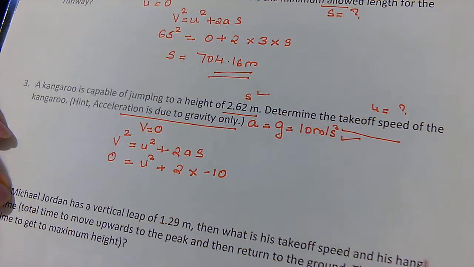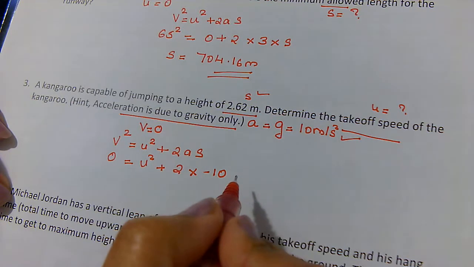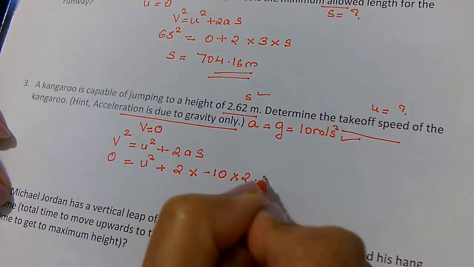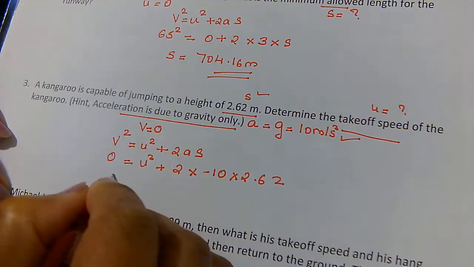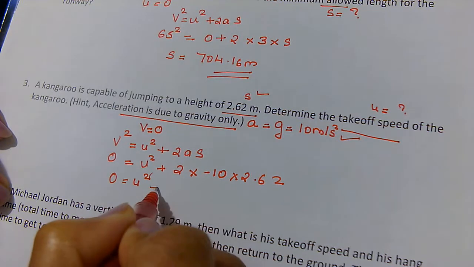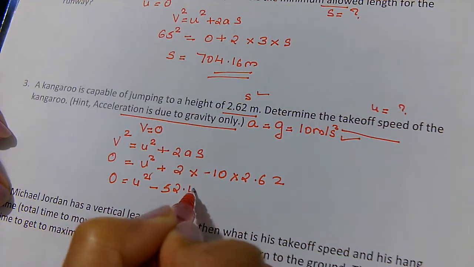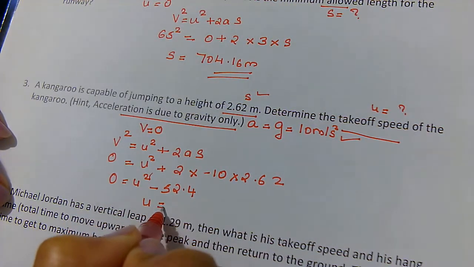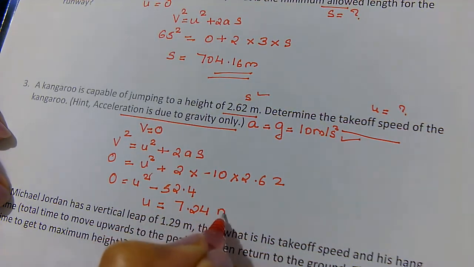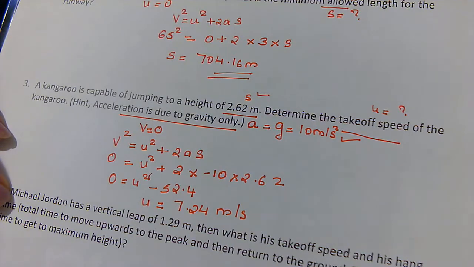Whenever an object goes in a direction opposite to the acceleration due to gravity, which means whenever the object moves up, acceleration due to gravity will be negative, times 2.62. So 0 is equal to u squared minus 52.4, or u is equal to the square root of 52.4, which is 7.24 meters per second.